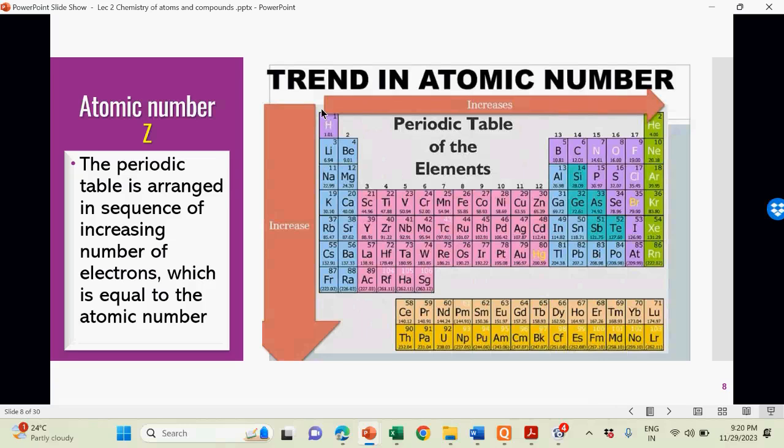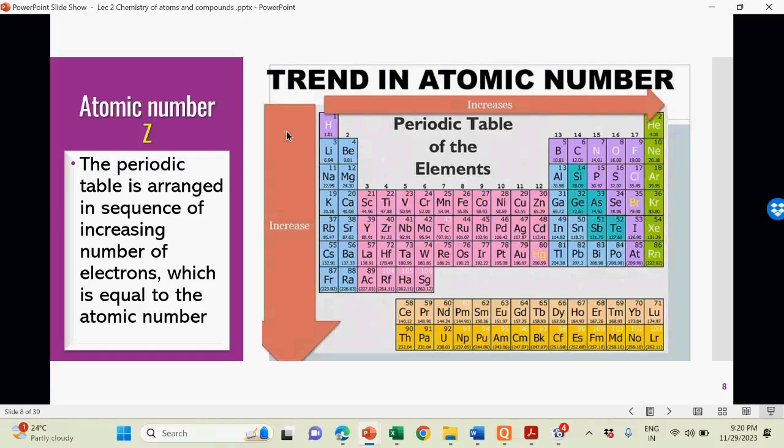Also, if you look at the vertical groups, group 1 for example: hydrogen, lithium, sodium, potassium, rubidium, cesium, and francium. The atomic number is increasing: 1 for hydrogen, 3 for lithium, 11 for sodium, 19 for potassium, and so on.